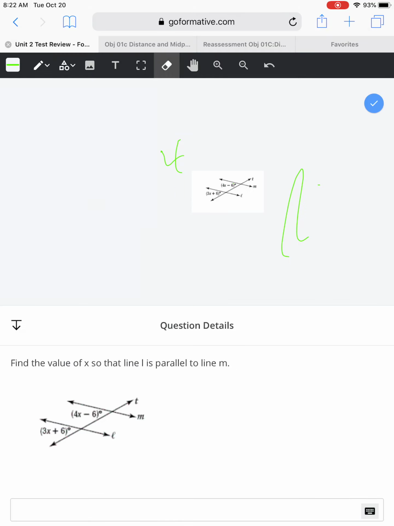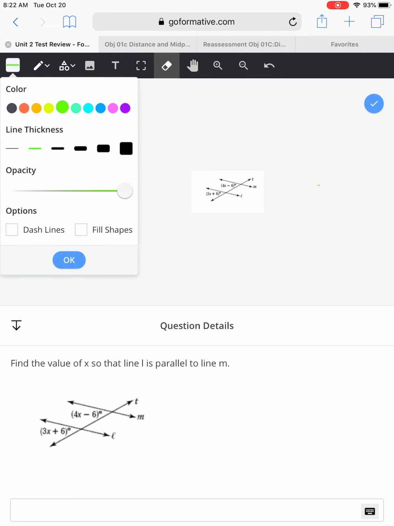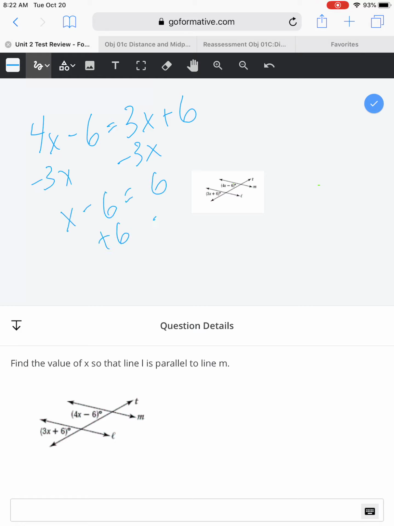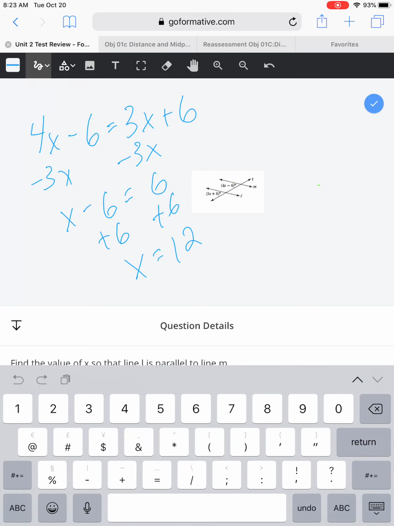All of my scribbles. Okay, so this one right here is 4x minus 6 is equal to 3x plus 6, because they're corresponding, and if they were parallel they'd be congruent. x minus 6 is equal to 6, add 6, x is equal to 12.